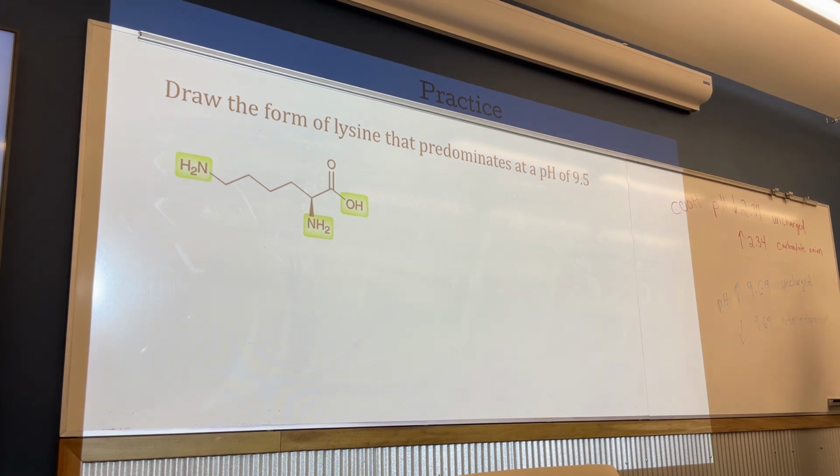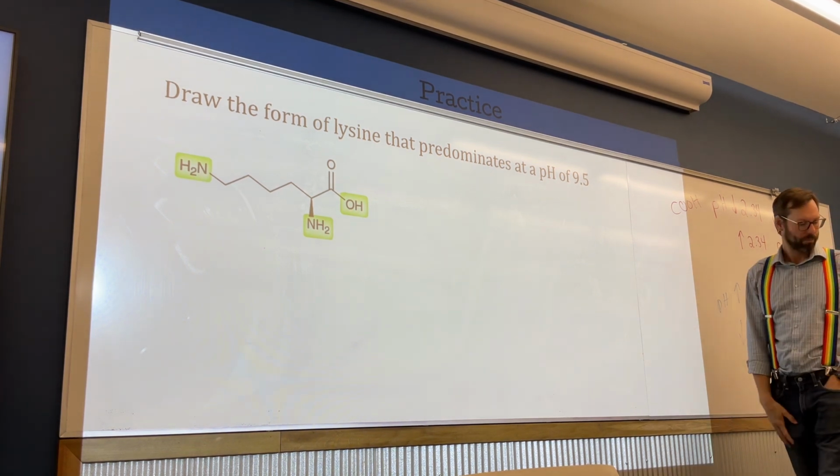So pH is greater than 2.34, right? So what's that going to do to the carboxylic acid group? And then the pH is just below that 9.6, so what is that going to do to the amine group?